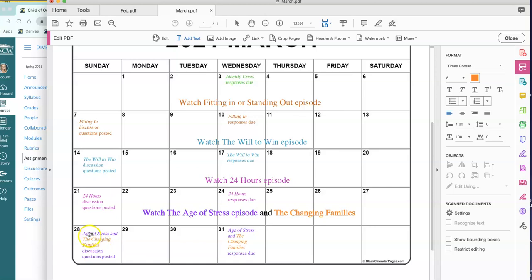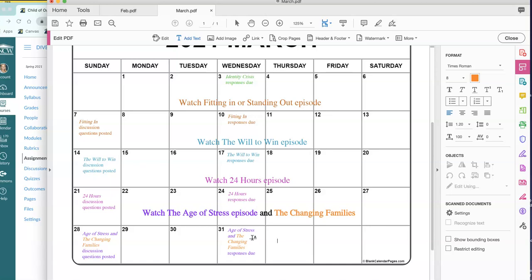The group who's the facilitator for the Age of Stress episode, and also the Changing Families episode, both sets of facilitators will post their questions on Sunday. And then on Wednesday, the rest of you need to respond to a question from the Age of Stress episode, and you need to respond to a question from the Changing Families episode.